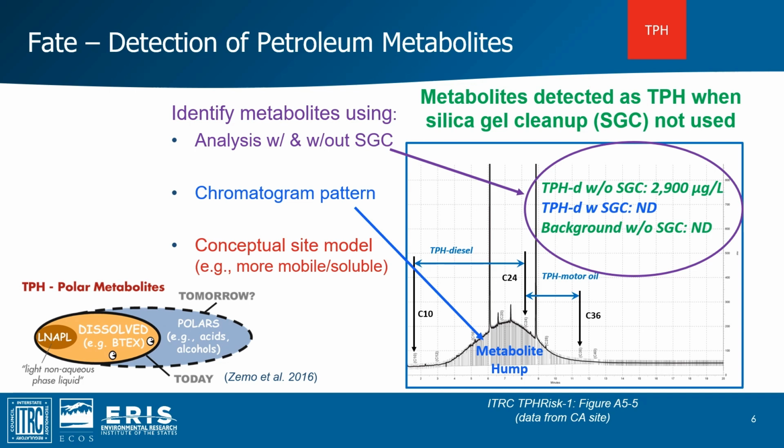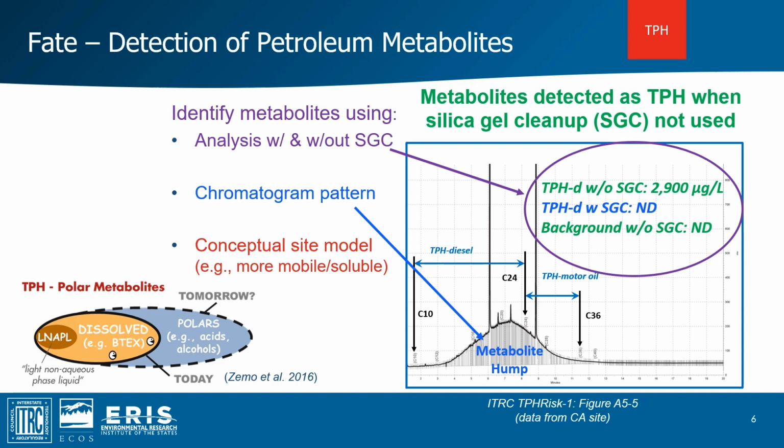The third line of evidence is the nature and extent of TPH, essentially asking if the sample in question was collected down gradient of both the release area and the dissolved extent in groundwater. This is illustrated in the hypothetical site map, showing an NAPL release in dark orange, down gradient migration of dissolved hydrocarbons, including BTEX, in light orange, and further down gradient migration of petroleum metabolites, shown as polars, in blue.